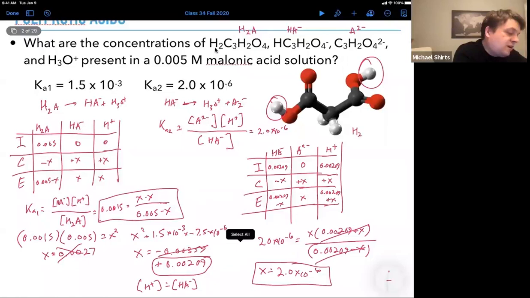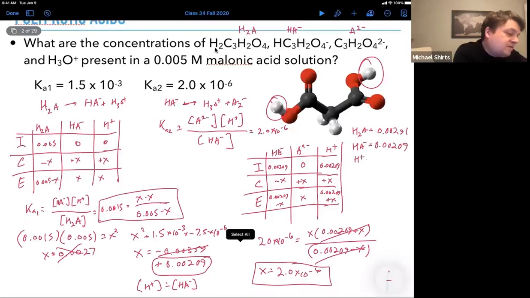So let's go through and calculate the concentrations of all the species. The concentration of H2A will be 0.005 minus x, which ends up as 0.00291. The concentration of HA minus: first you create 0.00209, but then you don't actually create any more because x is so small. So we can just say this is 0.00209.